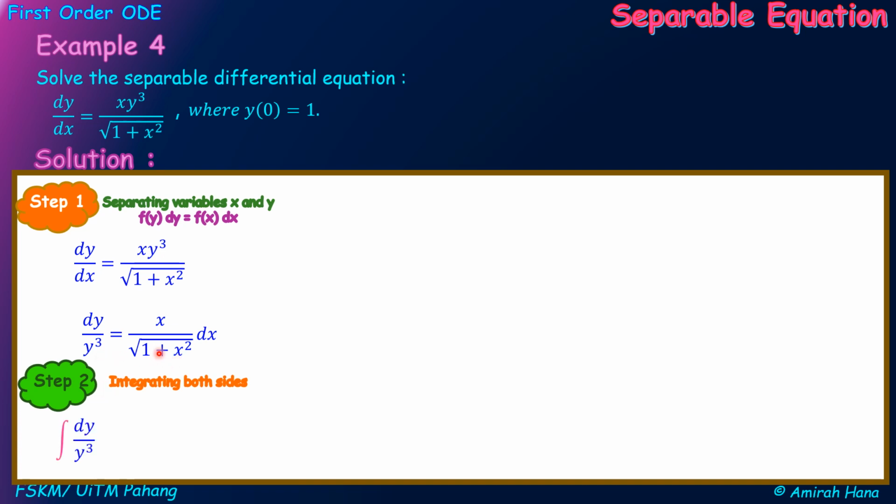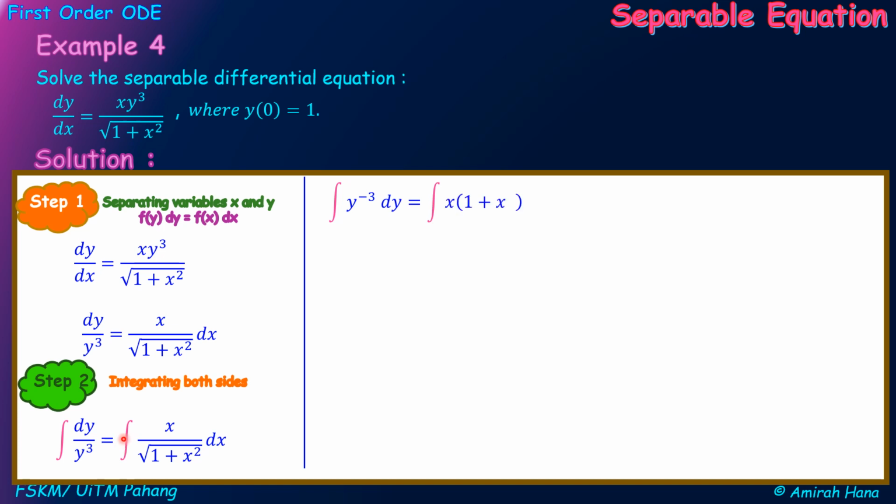From here, we just put the integration sign on both sides, right? Alright, from here, we can write the integration of y to the power of negative 3 dy. We use the properties of indices for 1 over y cubed, we can write y to the power of negative 3.